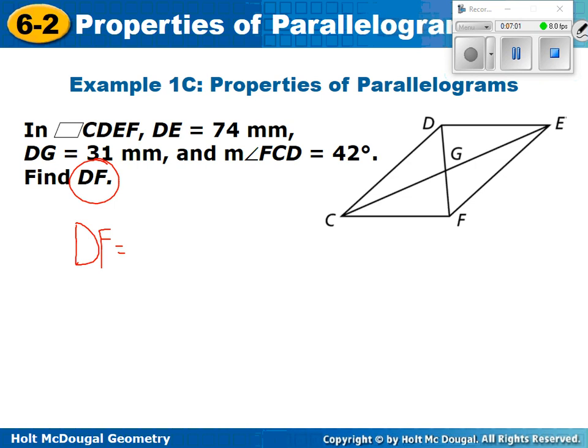Okay, raise your hand if you have an answer. All right, go ahead, Corbin, and tell me what you got. 62 millimeters? Can you explain to me how you got 62 millimeters?